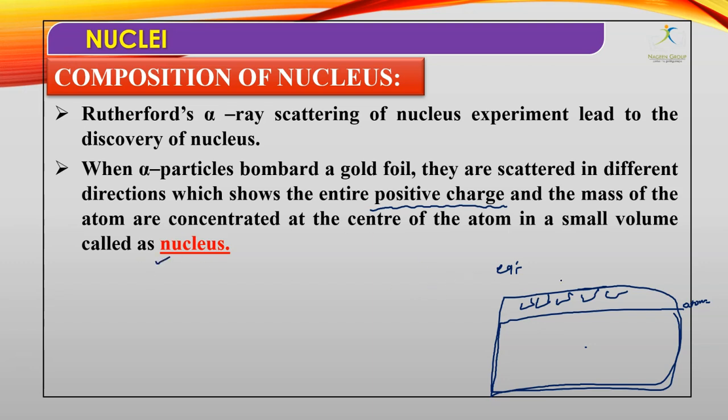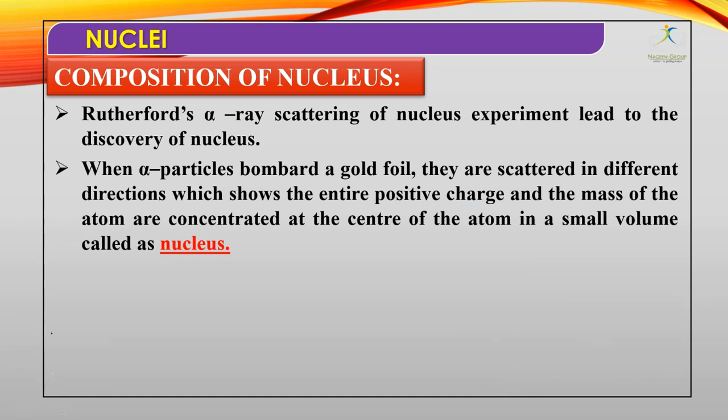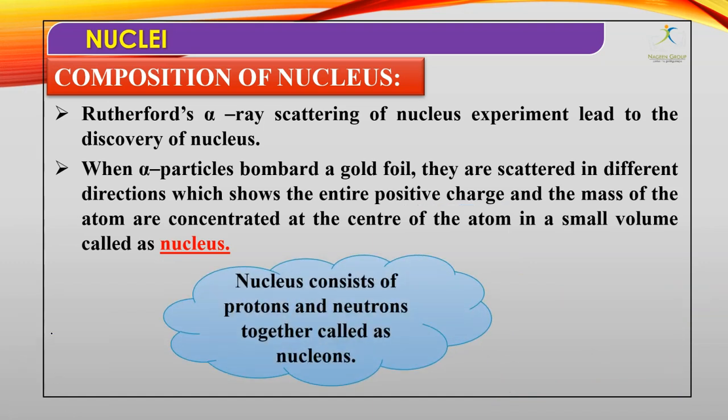That small part of the matter is called the nucleus, and it is completely positively charged. So people wonder how strong the nucleus actually is and how small it actually is. The nucleus consists of protons and neutrons together, which are called nucleons.